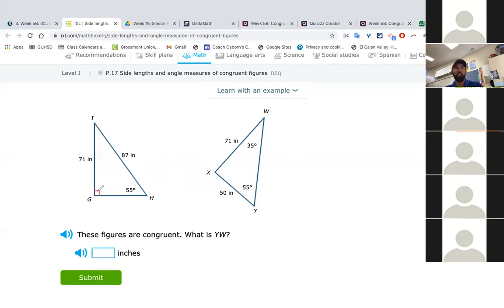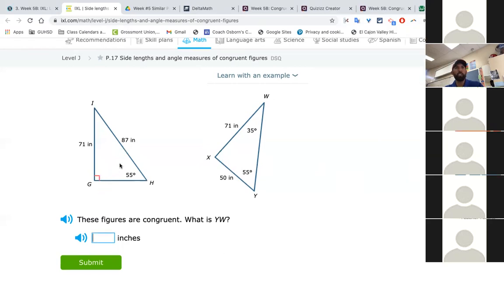Or I could say that 87 is straight across from 90. And you could see 90 is not written over here, so that must mean that this corner right here is 90. And if you use the triangle sum theorem, you could figure that out: X plus 35 plus 55 equals 180, and then figure out that that angle is 90, which, I mean, it's pretty obvious when you look at it anyways.